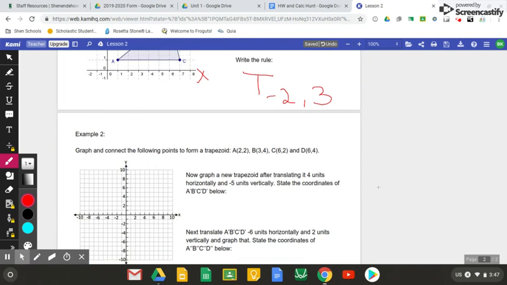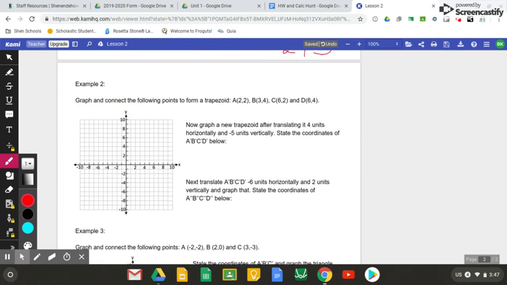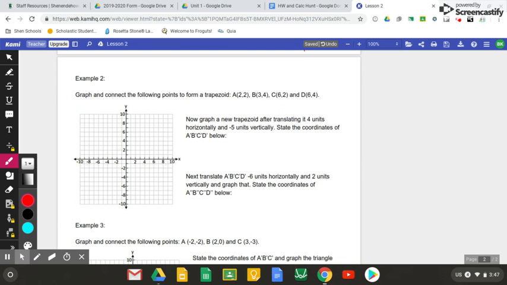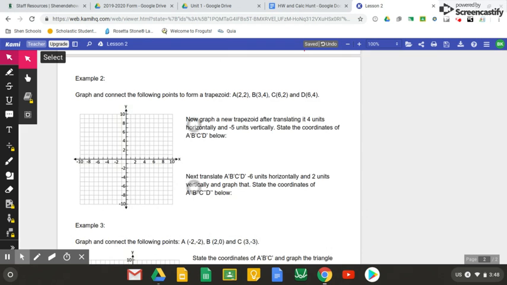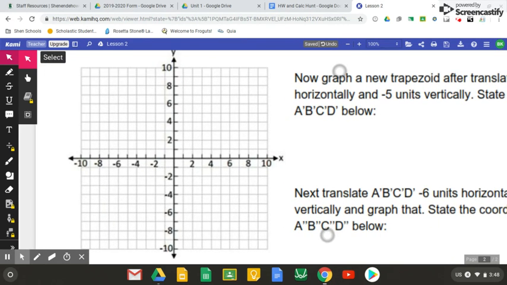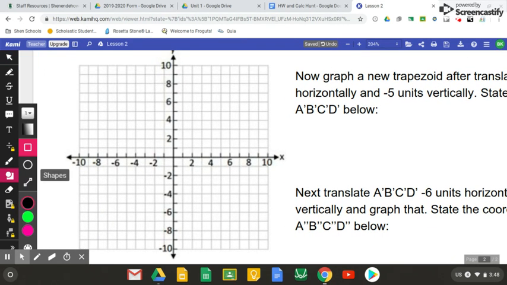All right, so next we need to graph A, B, C, D. So go ahead and graph this. I'm going to try my best, all right? But you go ahead and graph this. Let's see. A was 2, 2. You should label it, so put a little A there.